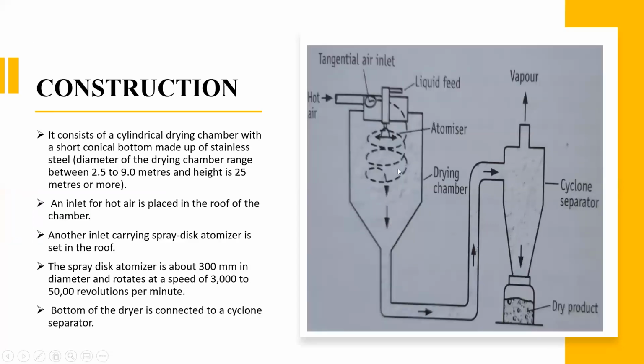Next, the construction of the spray dryer. The spray dryer consists of a cylindrical drying chamber with a short conical bottom, which is made of stainless steel. See the diagram.